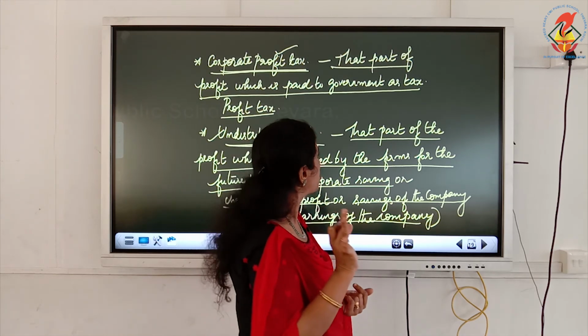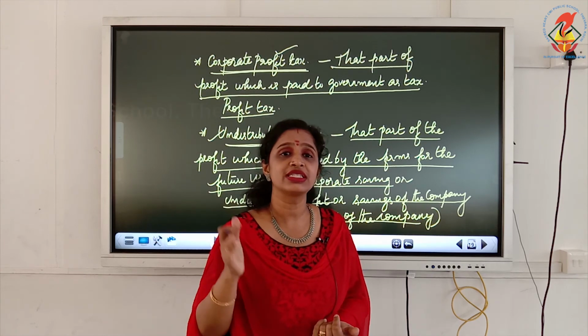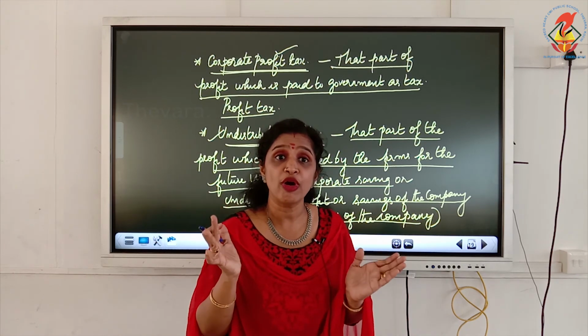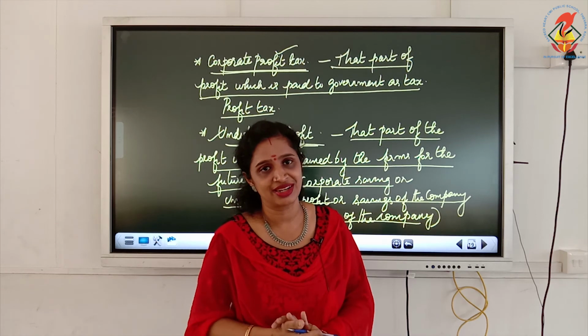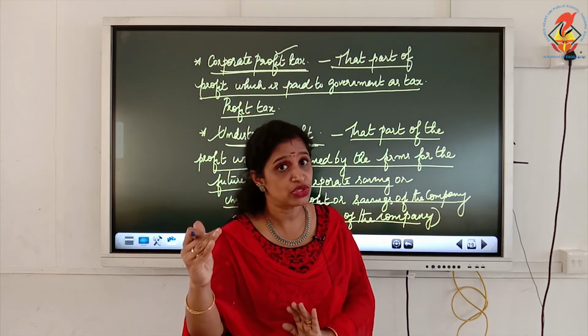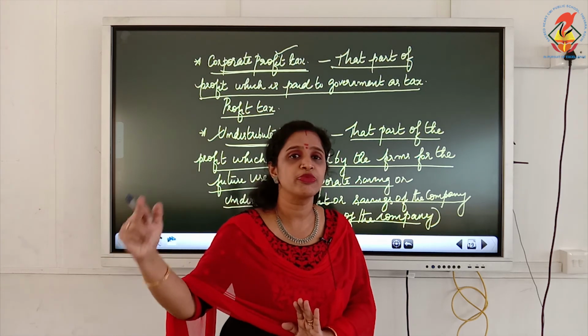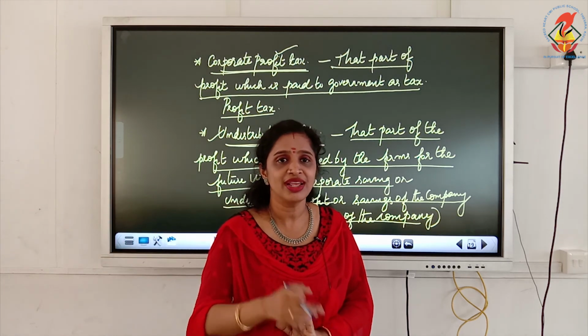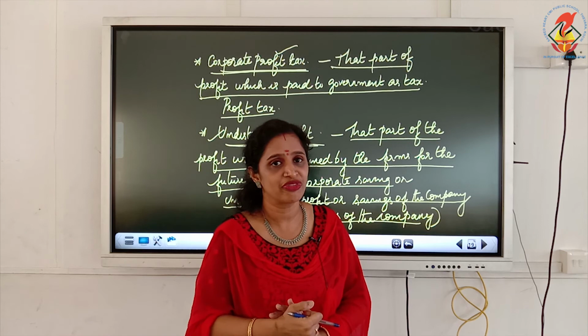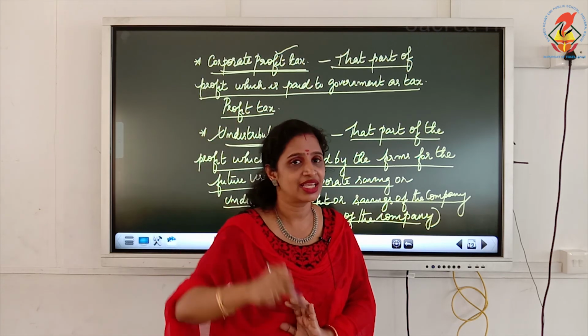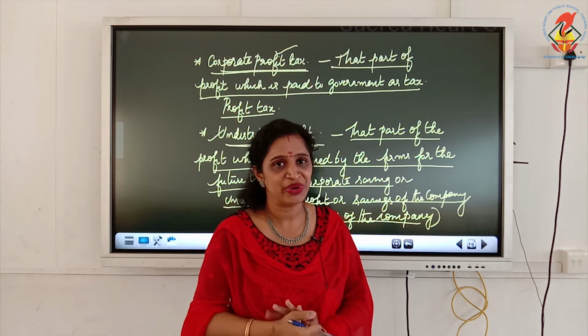So in the problem, it can be given as a heading, profit. If it is profit, all the three components are there. Sometimes to confuse you, profit as well as dividend and undistributed profit will be given. So don't add dividend and undistributed profit, because under profit as a heading, all three components are already there.